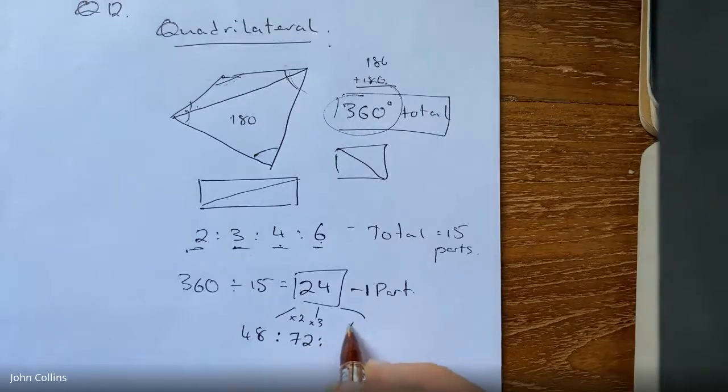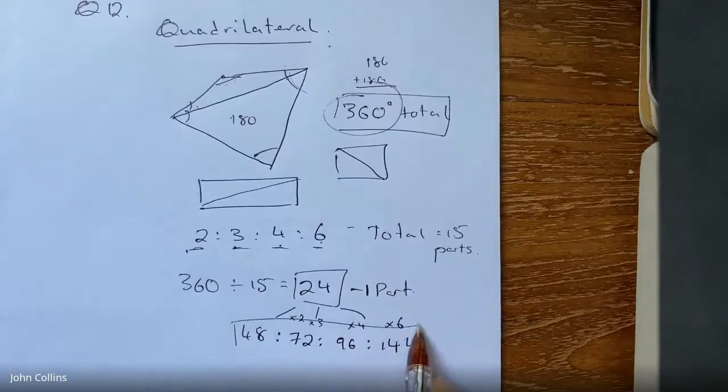Multiply by 4 is add another, so that's 96. And then multiply by 6, and I get 144. And that is the answer to that. Okay, so that is the answer to the 2 hardest blue questions in ratios of amounts.